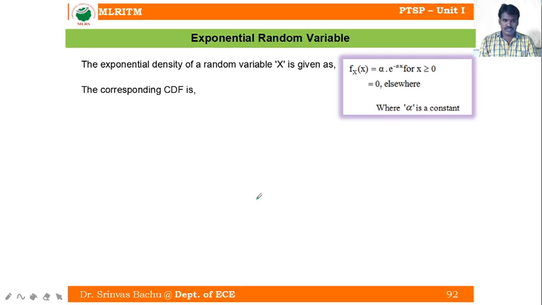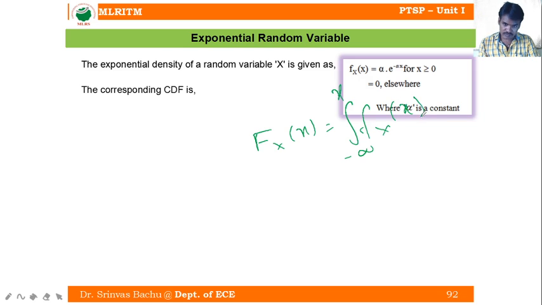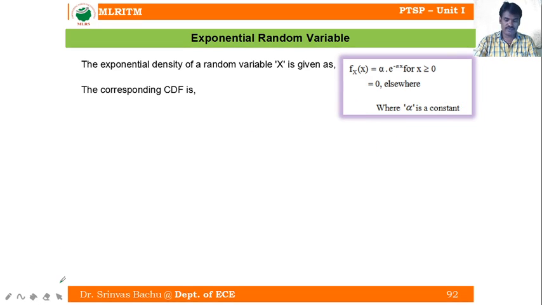Once we know the density function, the corresponding CDF, Fx of x, equals the integration of the density function with respect to dx. Now find the CDF.